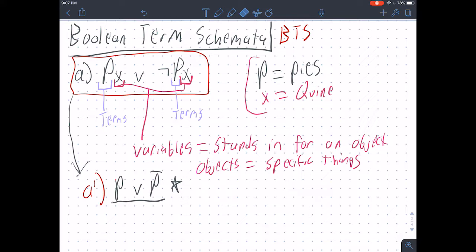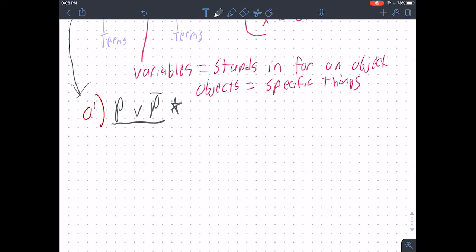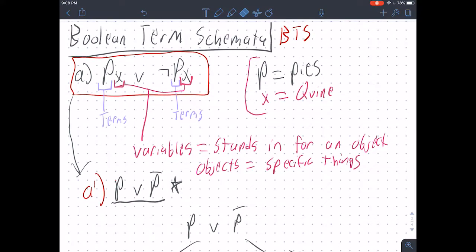One thing to note about the Boolean term schema A: you probably recognize by now that if we were to do a truth value analysis, I'll just do one, P or not P, false, true. So this is a valid Boolean term schema by truth value analysis. And because it's valid, it doesn't matter what object we put in for X. It'll always come out true of that object.